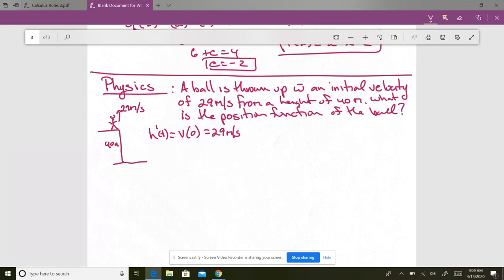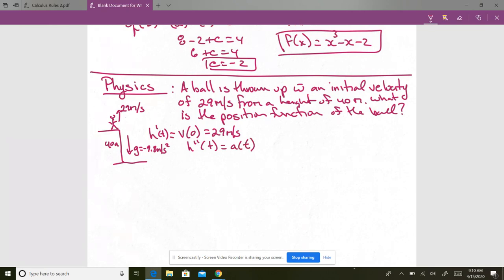So the first derivative is equal to that. We know that gravity, physics people, is pulling down on it, right? So g is equal to negative 9.8 meters per second squared. And we know that acceleration is the second derivative. So h double prime of t is equal to a of t, and that is equal to negative 9.8 meters per second squared.